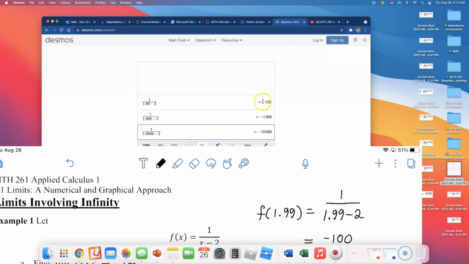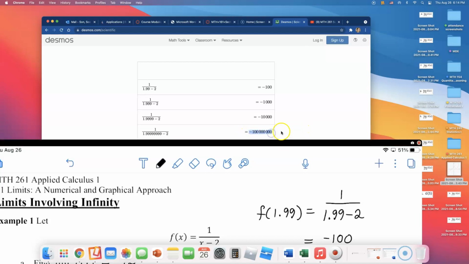You see what I mean? The y values are getting smaller and smaller, from negative 100 to negative 1,000, negative 10,000. And if we get really close, like 1.9999999 minus 2, look at that. We can see numerically that it's going to negative infinity.